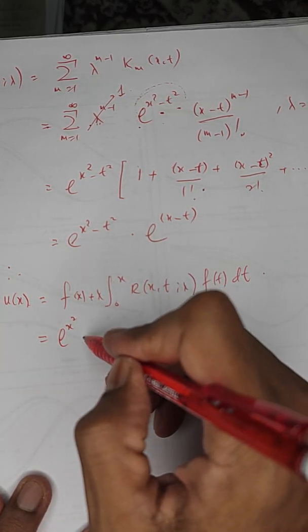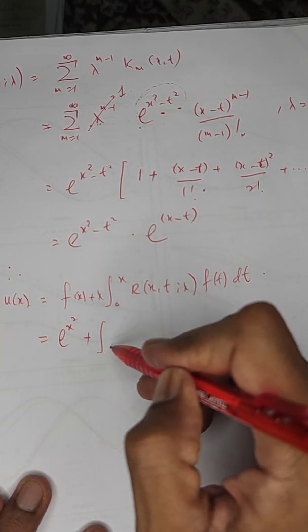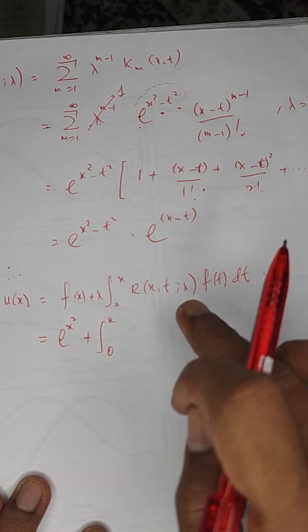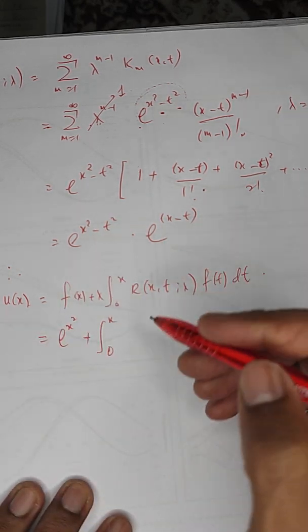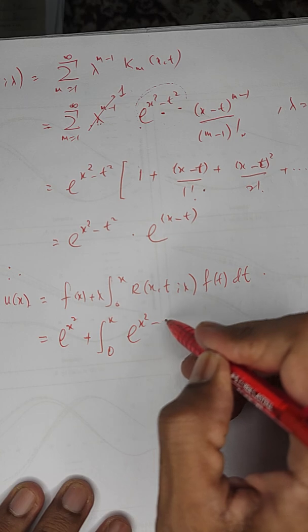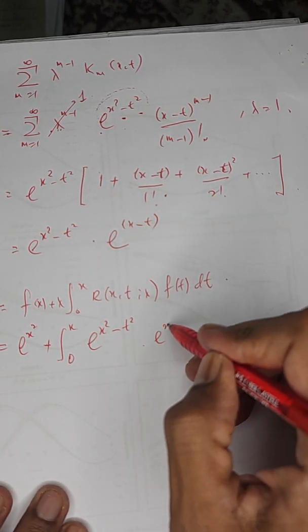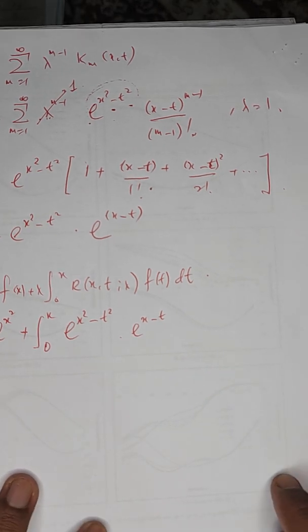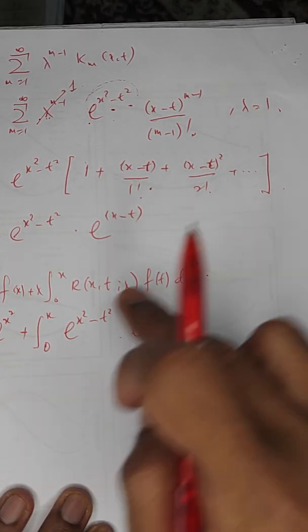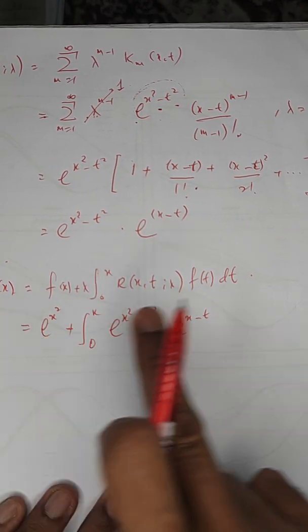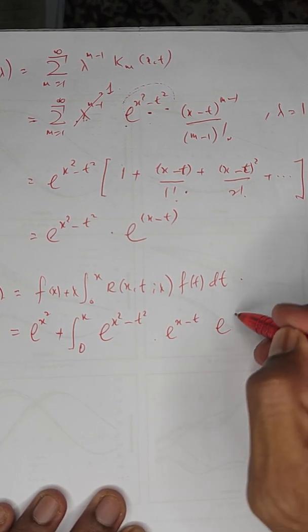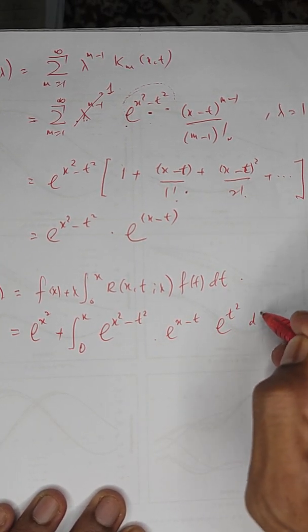Our lambda is 1. Then we integrate from 0 to x. Our R is e^(x^2 - t^2) e^(x - t). And our f is given here, so f(t) is e^(t^2) dt.